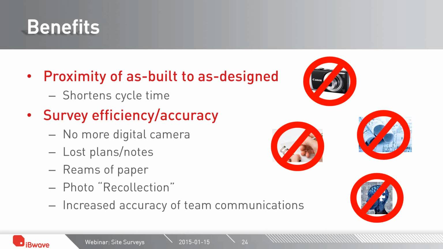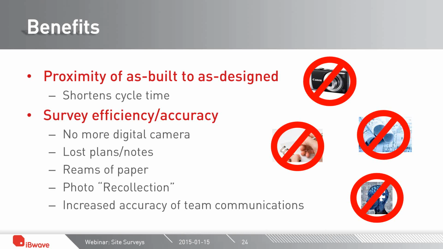Well, as we all know, we try to true up that design file or maintain that as-built after the fact. There's a lot of cycle time that gets consumed at that point to make that happen. So the biggest benefit from our perspective is that the as-built and the as-designed are going to be very close to each other at the end of the day. And so that's what we hope for as we use this product.